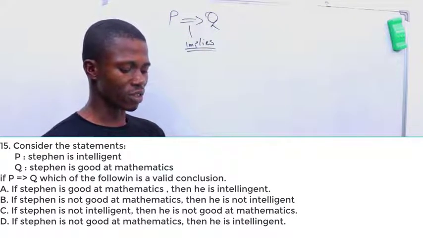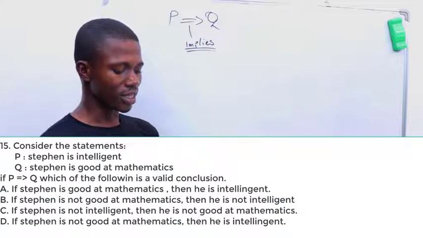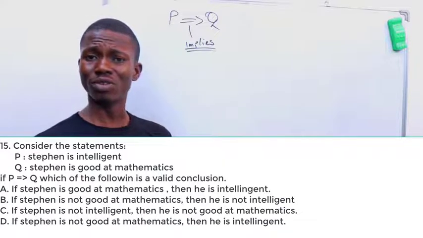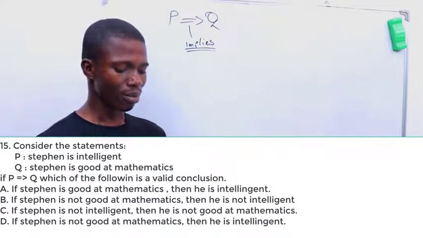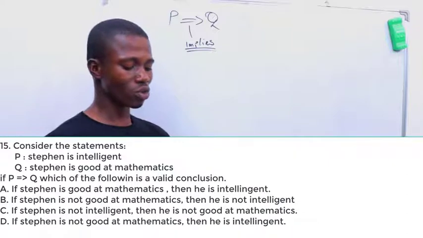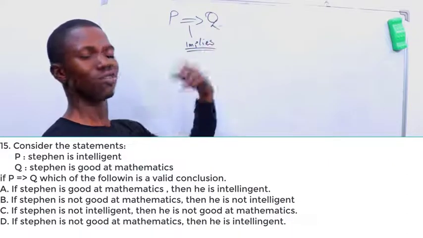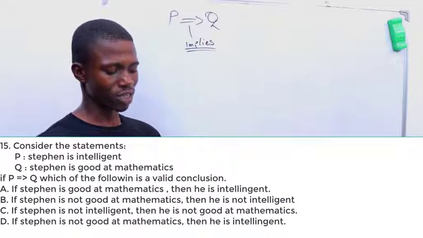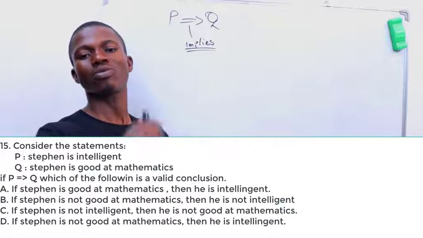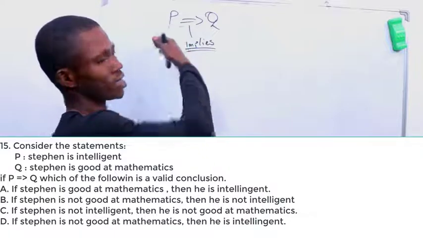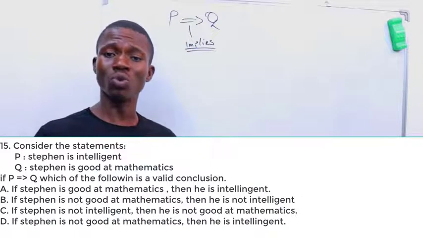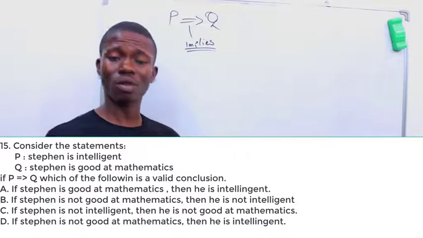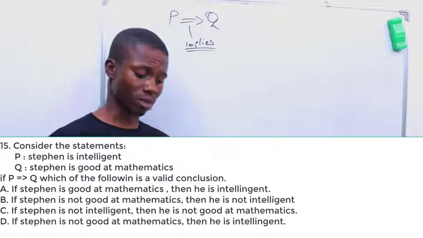B, if Stephen is not good at mathematics, then he's not intelligent. Another correct answer. But in A it also implies that Q is first. A and B are correct, but mathematics comes first before intelligence. So we need the one where intelligence comes first before being good at mathematics.